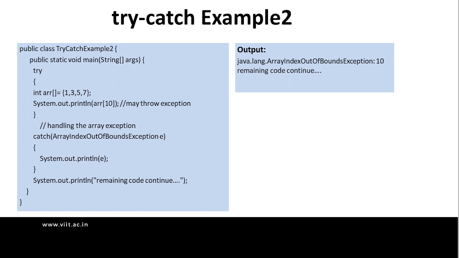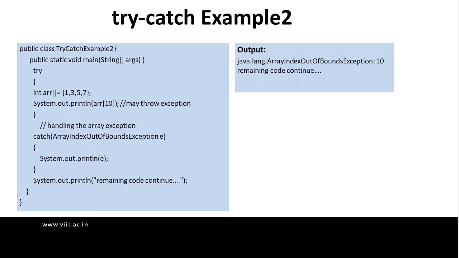Then in try catch we may have, for example, try an integer array 3, 5, 7, these are the elements, and we are trying to access the location at 10. Locations 0, 1, 2, 3 are available, and we are trying to access the element at 10 which is not available, so this may throw the exception, so we should write it in a try catch. In the catch we may have ArrayIndexOutOfBoundsException e and System.out.println(e), and then the rest of the code you can continue.